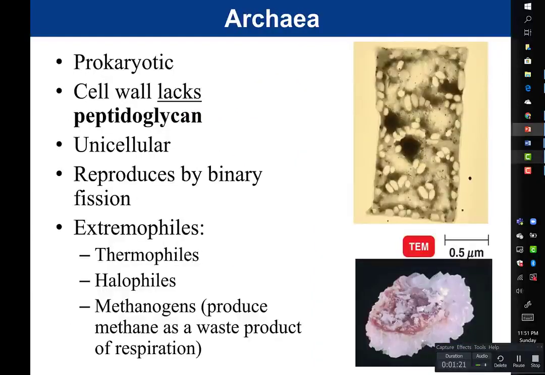Next, we have archaea, and archaea are prokaryotic, which means again that they also lack a membrane-bound nucleus, so they do not have a nucleus. Their cell wall lacks peptidoglycan. So they do have a cell wall, however, it is not peptidoglycan. It is something that's referred to as pseudomurein. So it is like peptidoglycan.